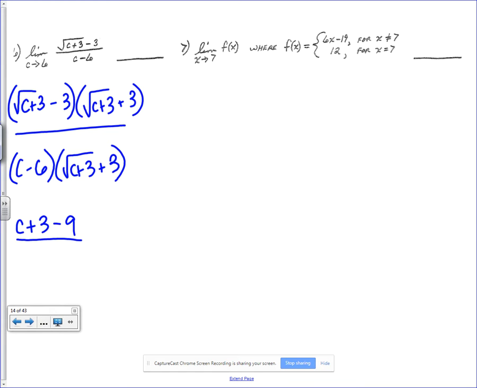When we multiply, we get something that looks like this. This will end up being that up top, which means these will cancel. And now I'm ready to plug in my 6. If I plug in my 6 to this, I'll get a 1 on top. And then, let's see, that'll be the square root of 9 plus 3. That'll be 1/6.